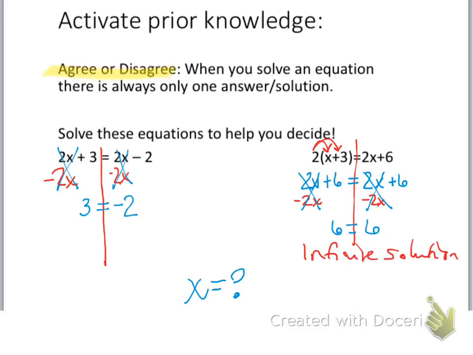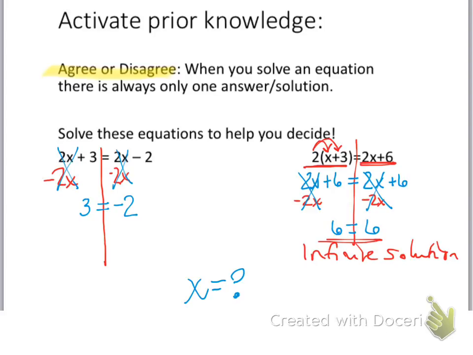6 equals 6 is a true statement. Those are equivalent. In fact, this side is equal to this side. They are the same expression. So because they are the same expression, no matter what number I put in for x, both sides will still be equivalent.